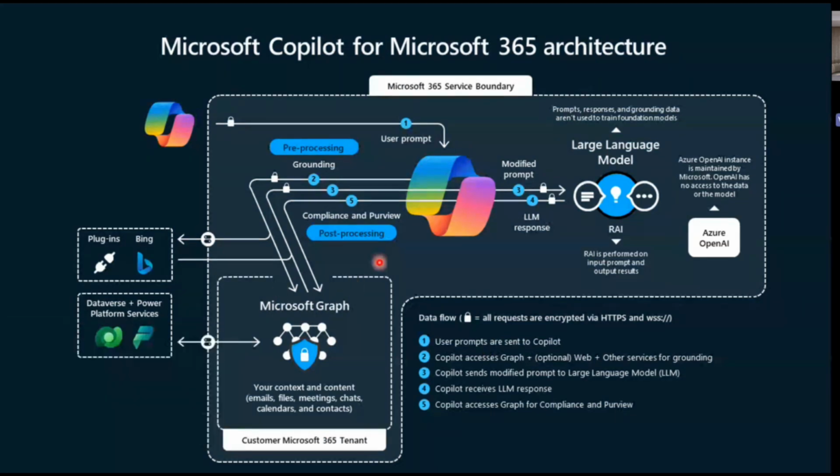Now let's understand the architecture. How does the architecture work? Primarily, this is how it looks. Copilot or ChatGPT all work on natural language processing. Natural language means, as a user, I can interact with Copilot in plain language. I don't need to type in machine language.